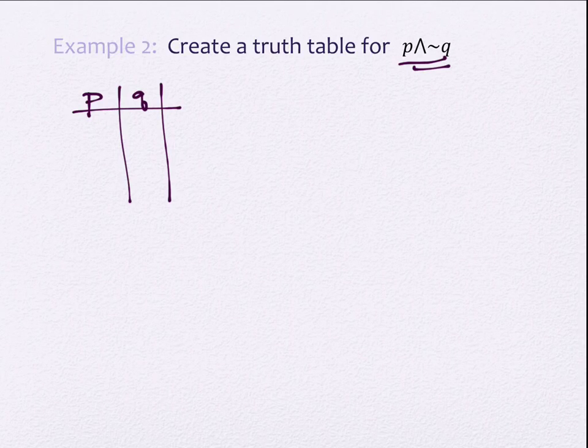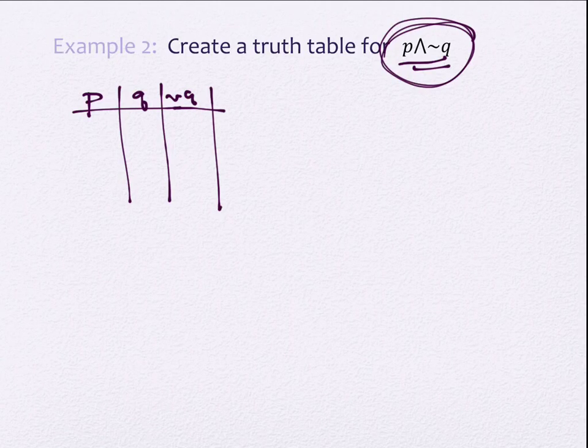After that, you look and see what else you need. I already have the P. I'm going to need the and part in a minute, but before I can do the and part, I need a tilde Q. So I need a column for tilde Q. Now I have each of the individual components, P and tilde Q, so I can put it all together as a final column in my truth table, P and tilde Q.